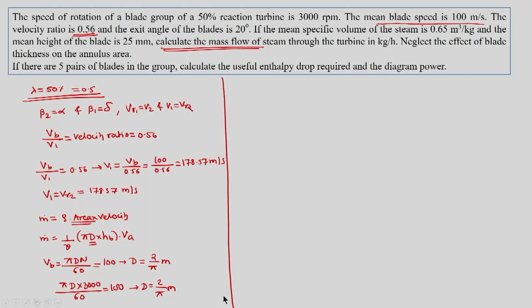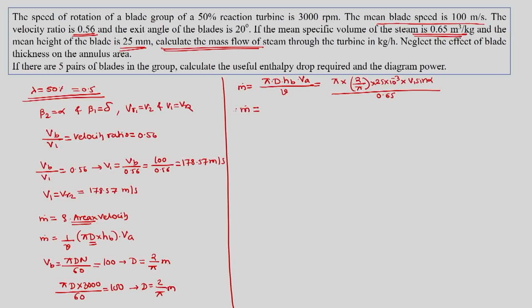Having said this, we should proceed and find m dot is equal to pi into D into HB into VA divided by specific volume, and that specific volume is given as 0.65. So D is equal to 2 by pi, and HB is given as 25 mm, so 25 into 10 to the power minus 3, and VA is V1 sin alpha, divided by the specific volume, which is 0.65.